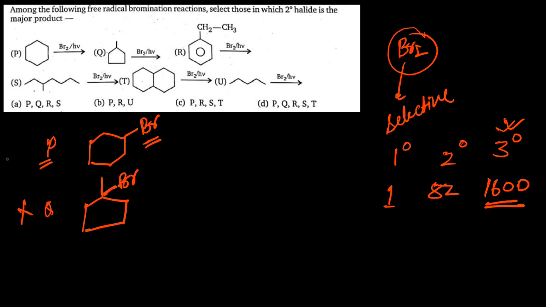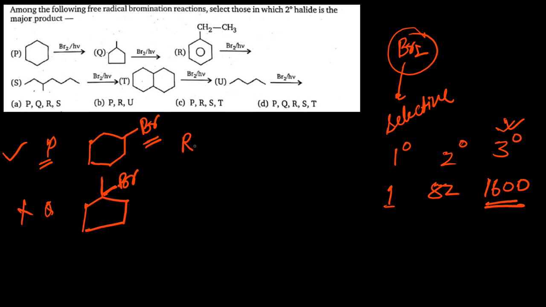So students, in the case of P, if you see, all carbons are secondary. So everywhere the major bromination product will be on a secondary carbon. So P is correct. Now in the case of Q, if you see, we have a 3 degree carbon, so bromine will come and attack over here. So definitely this is wrong. So in P we have the secondary halide as the major product, but in Q we don't.